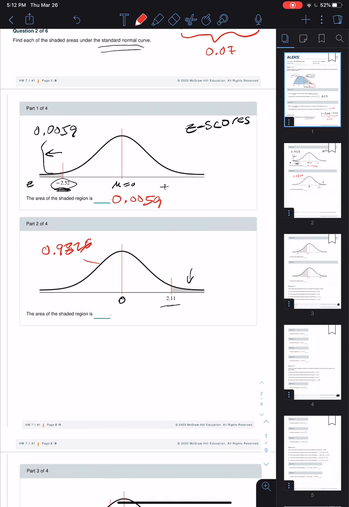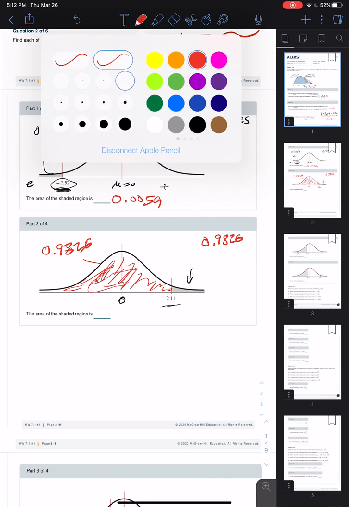So 0.9826 is actually the area to the left, right? All this red area to the left of 2.11, but we want the area to the right. So what we want to do is take 0.9826 and subtract that from 1.